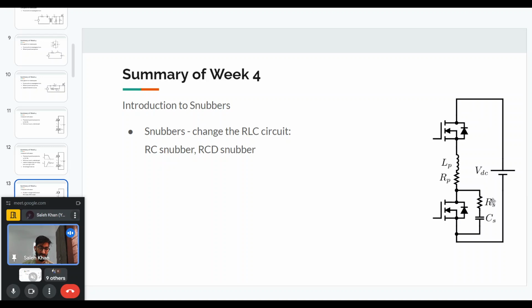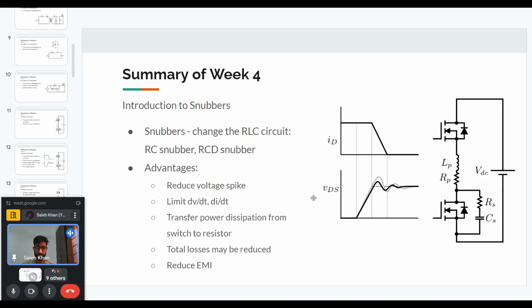Since the values of RS and CS are within our control, we can actually change how the RLC circuit behaves. So we can slow it down, we can reduce the spike, as we'll see. We can change the dv/dt, and we can change the peak value of the voltage. All these things can be done using these snubbers.